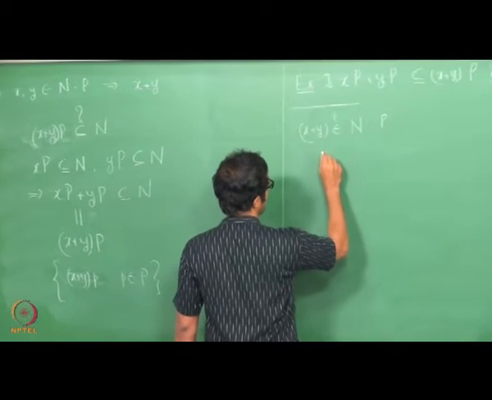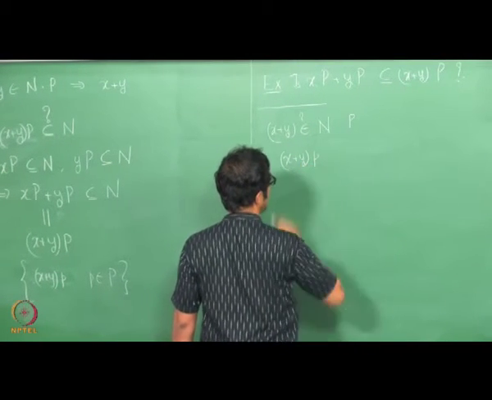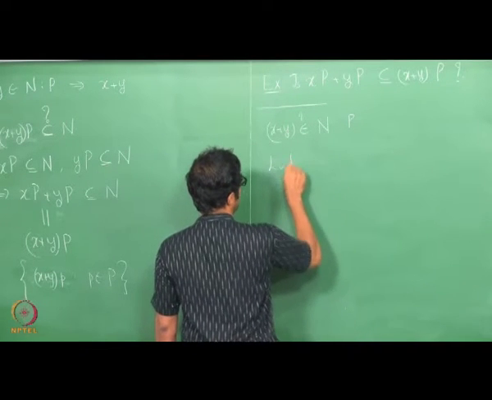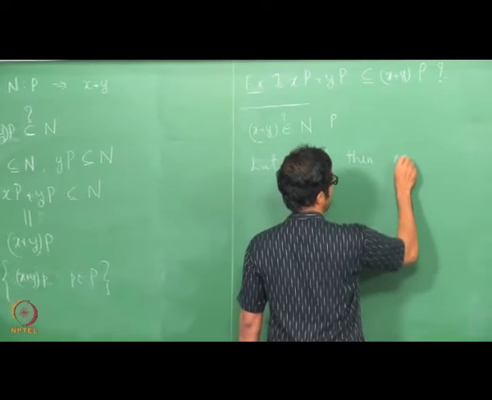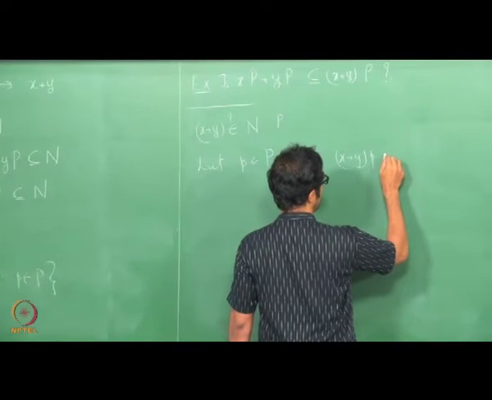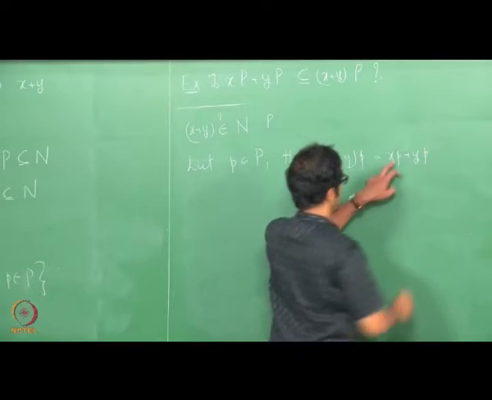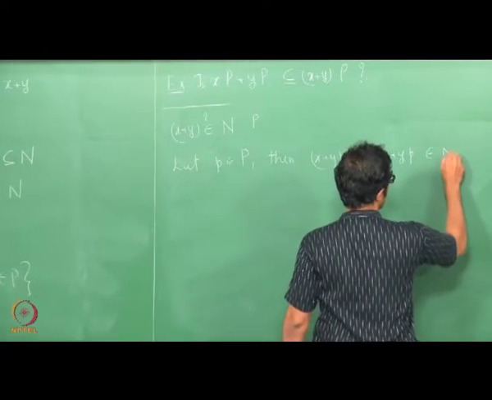If x and y belong to n colon p, so I take any p in P, then what can you say about (x plus y) times p? This is equal to xp plus yp, xp is in n, yp is in n, therefore this is in n.